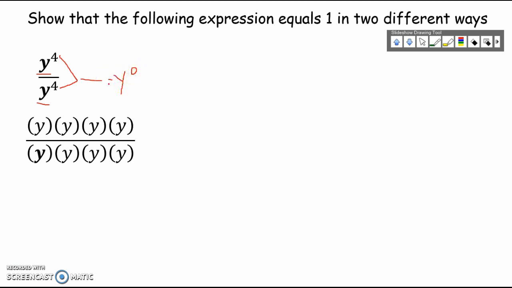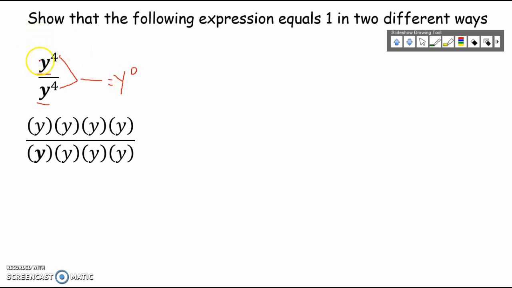But what do you think that's going to mean if I'm going to evaluate that? We talked about 2 to the 0 power being 1. We talked about 3 to the 0 power being 1. I wonder if y to the 0 power is also 1. Well, let's write it out in expanded form to see if we can get that same value of 1. Y to the 4th.